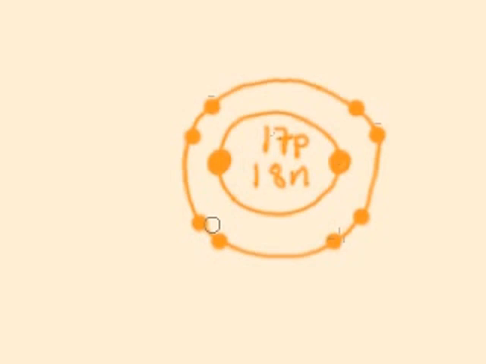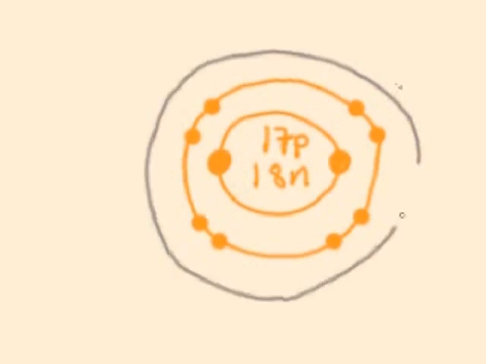We're drawing them this color just to show that they don't really matter that much. It's only the very outer energy level of electrons that matters. Okay, I'm going to draw that outer energy level here. And of course, it's going to have 8 electrons.